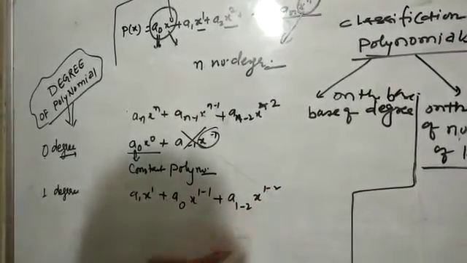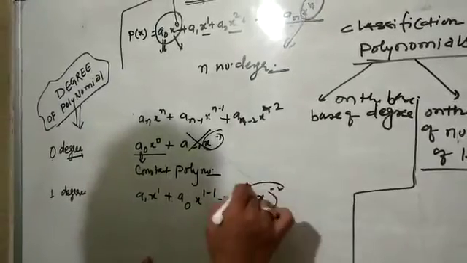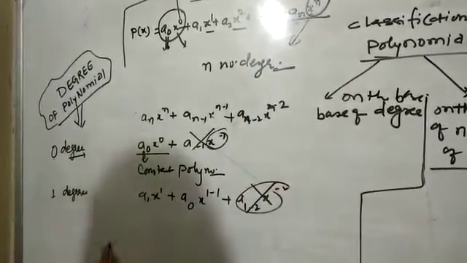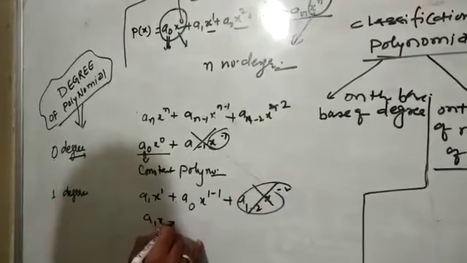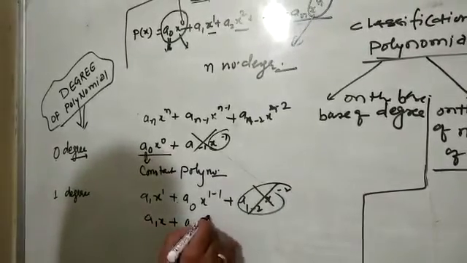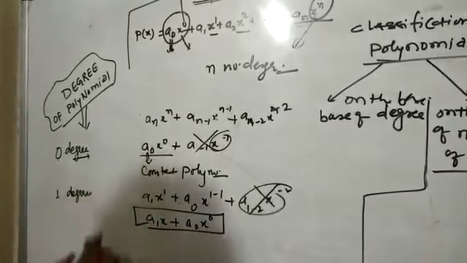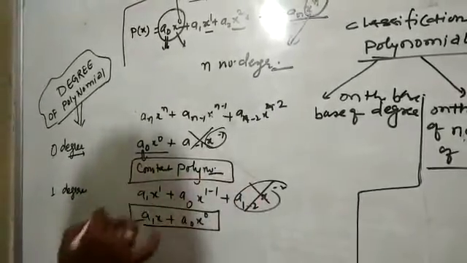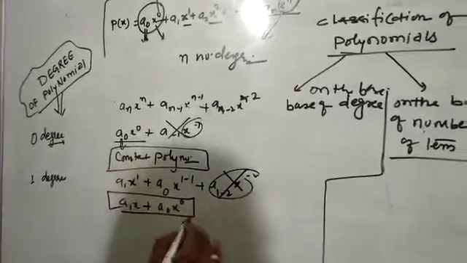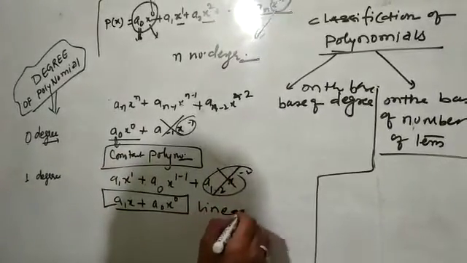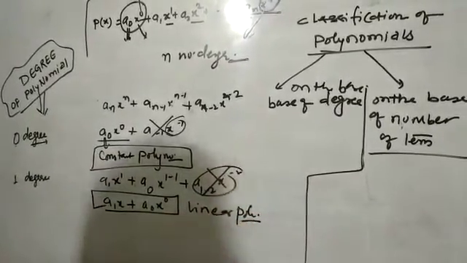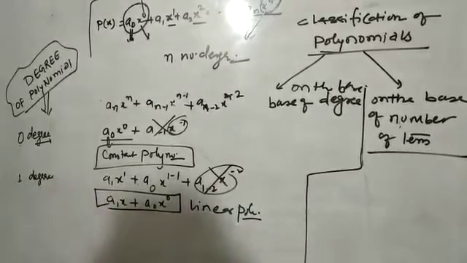But 1 minus 2 is negative, so again it is not possible. So what is left is a1 x plus a0 x to the power 0. This is the linear form of polynomial. The constant polynomial is at degree 0, and the linear polynomial is when n is equal to 1.